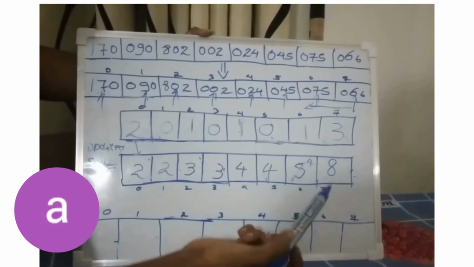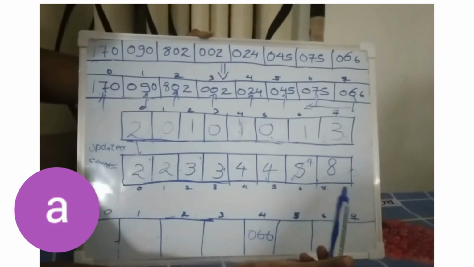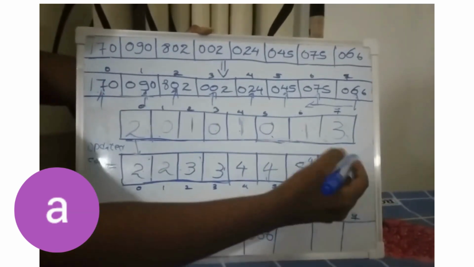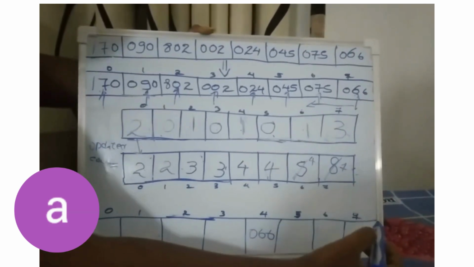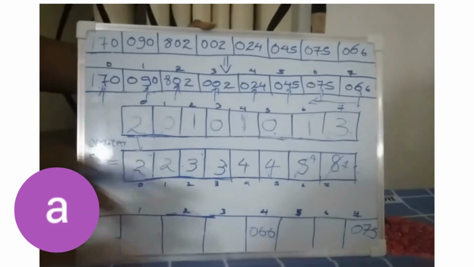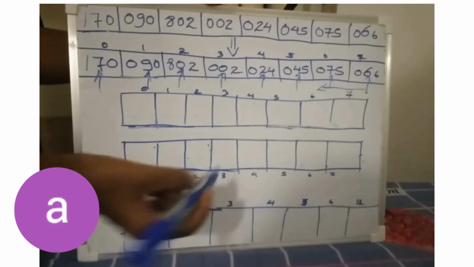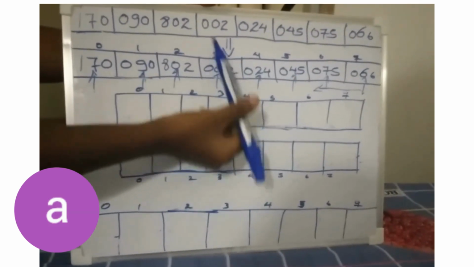But 7 is very close to 9. 7 is the next to 9. It means the closest number to 9 is 7. So let's put 9 in 7 and set the count as 1.